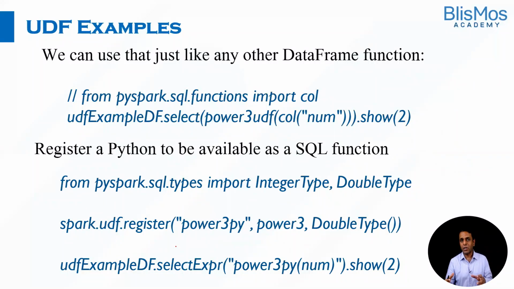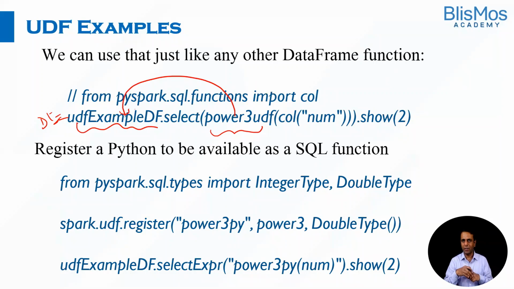After registering a function, we'll be able to use it as a part of any data frame. Otherwise it shouldn't work. This is a data frame we have defined already. We can use this power3 UDF on all the records of this data frame. Now we have defined a function, tested it, registered it, and it is working as a part of the data frame.